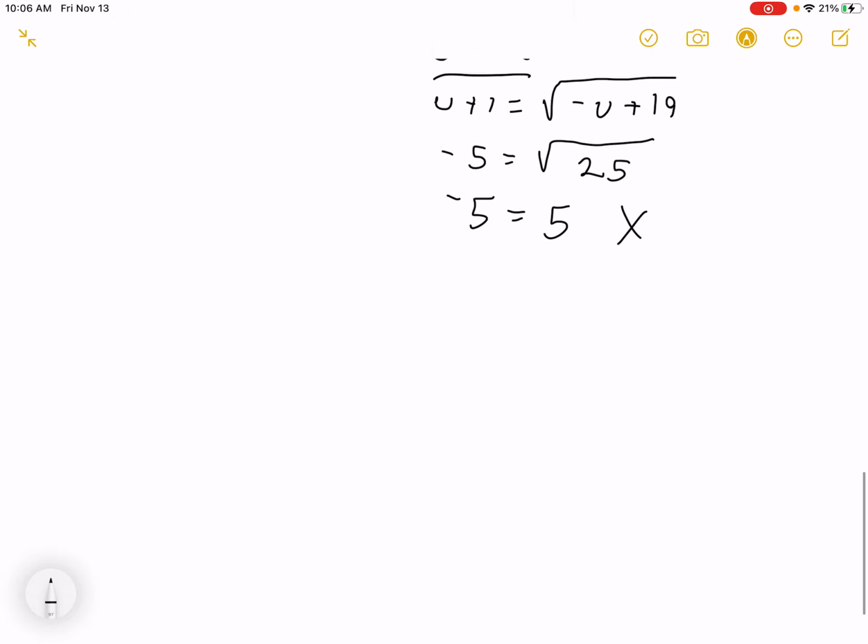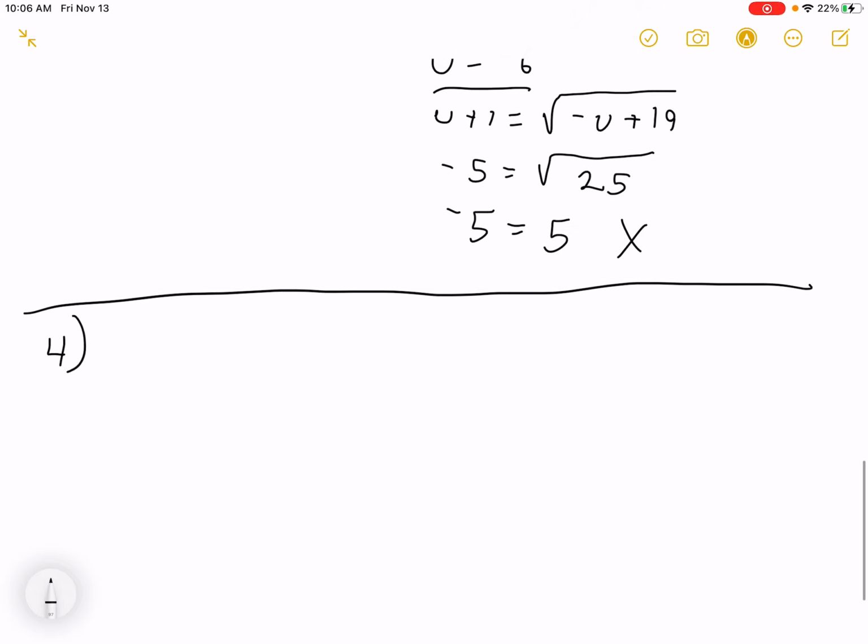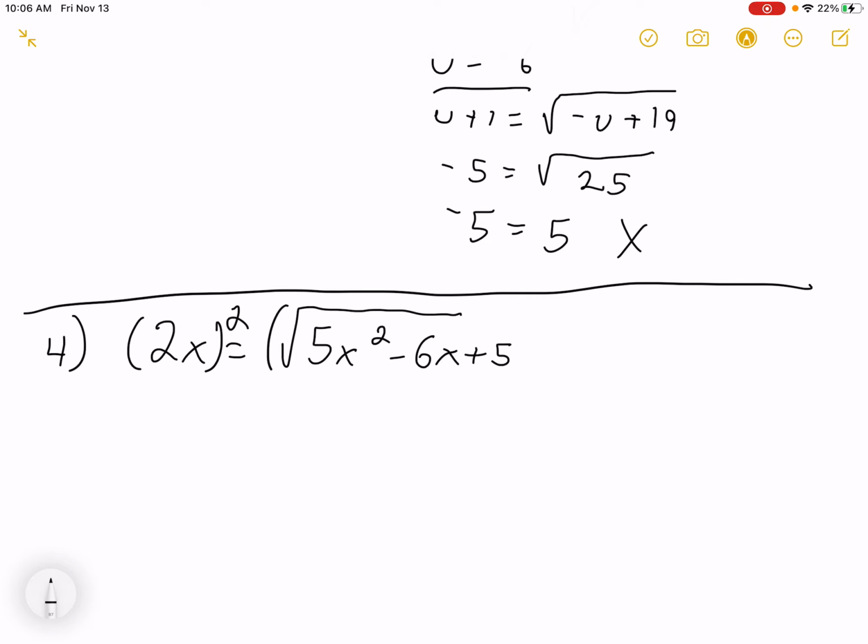Okay. Number 4, 2x equals square root of 5x squared minus 6x plus 5. So again, we'll square each side.